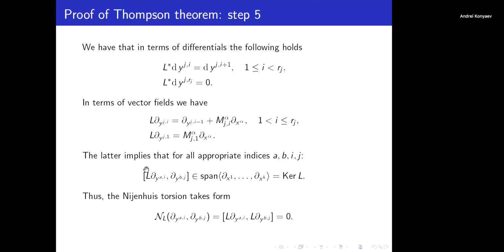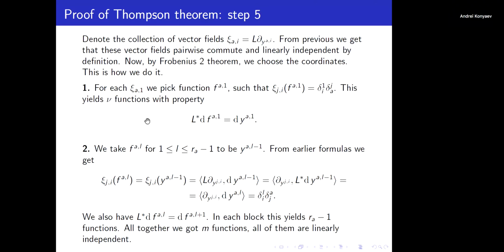And this means if both of them lie in the kernel, then if we write L here, we get 0. So the entire Nijenhuis torsion looks like this, and 0. So we again get a collection of commuting vector fields. Now they have two indices, because Y has two indices, and we again have commuting vector fields.